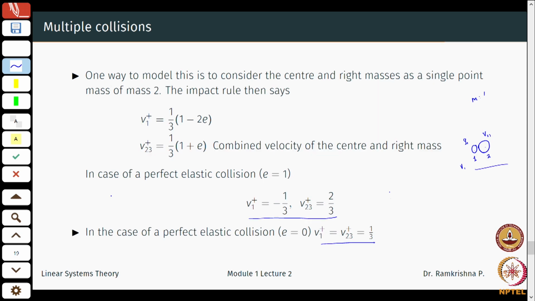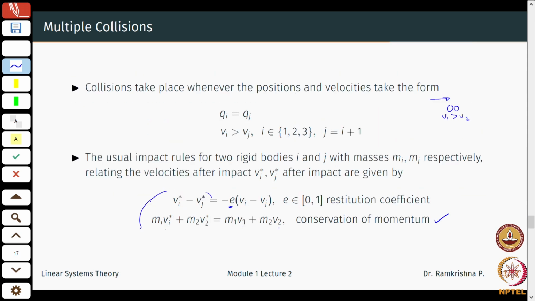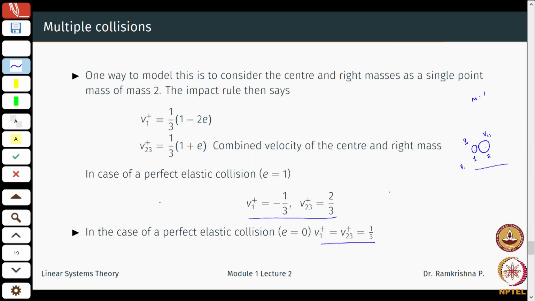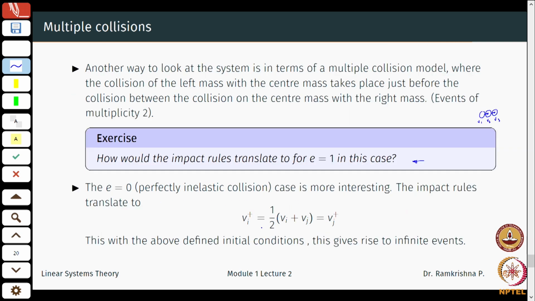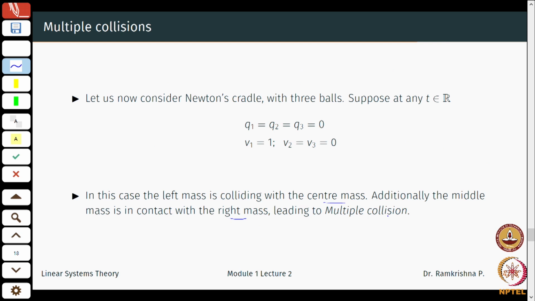Then again I rewrite these collision rules. There are some typos here which we will take care of later. If I rewrite these collision rules, I get an expression like this. What does it mean? Let us derive it just for the first one. I have V1, V2 and V3 for the first collision.